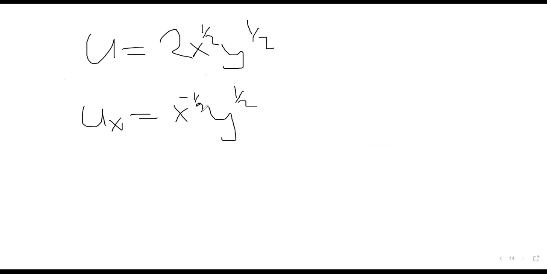So the negative half will be on the x. Same if we're going to differentiate with respect to y. Our dummy here is x^(1/2). So we're going to remain with 2y^(1/2). Half times 2 is 1. We never write 1. Then from this y^(1/2), we're going to subtract, half minus 1 is negative half.